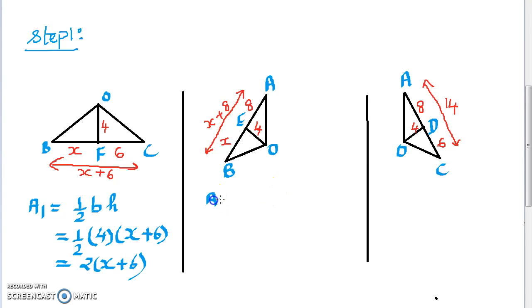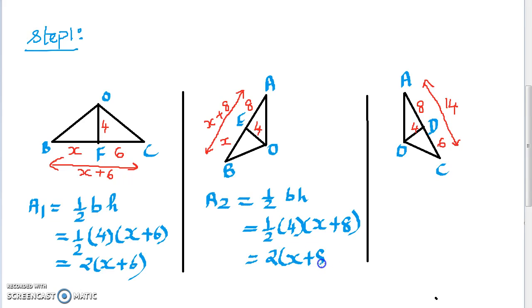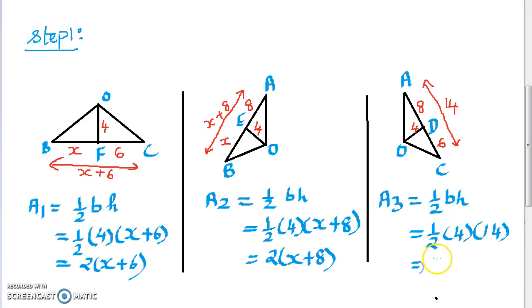Next, A2 will be the area of triangle AOB, which is again half base into height, which is half times 4 times (x + 8), which will give me 2(x + 8). And the next one, which is A3, is going to be the area of AOC, which is again half base into height, which is half times 4 times 14, which is going to be 28.